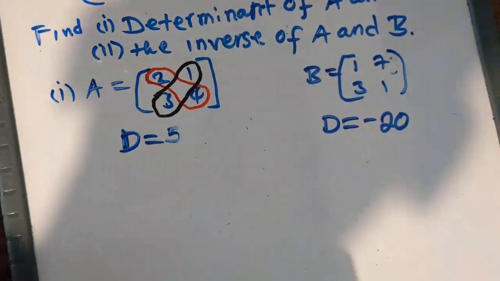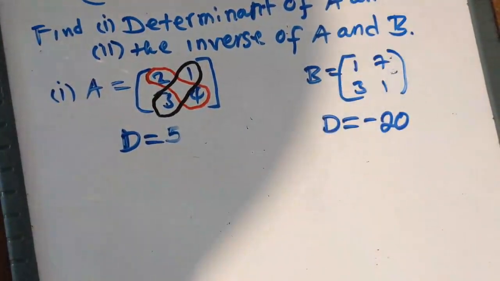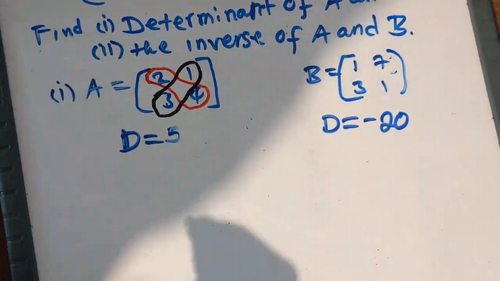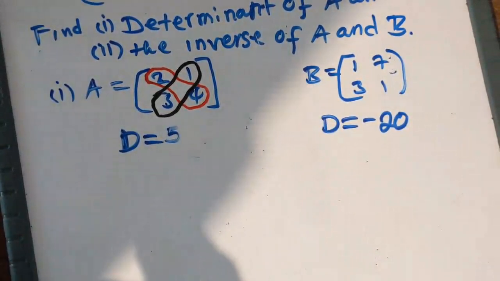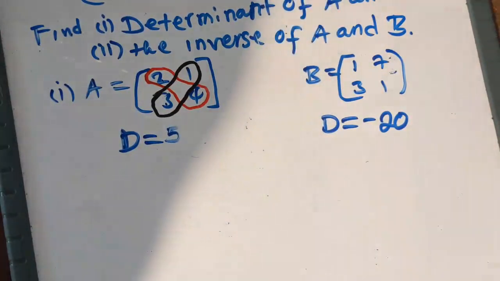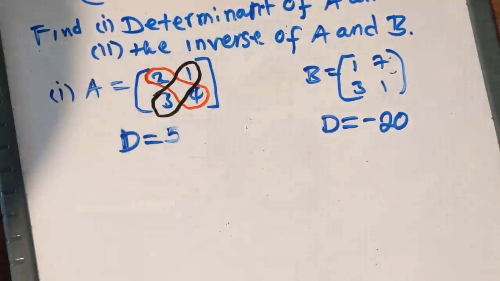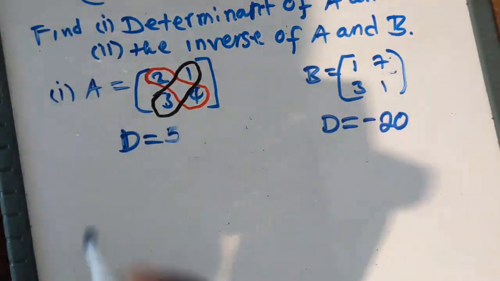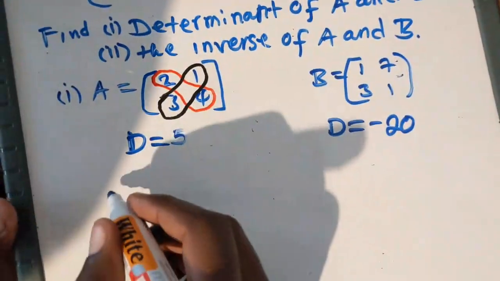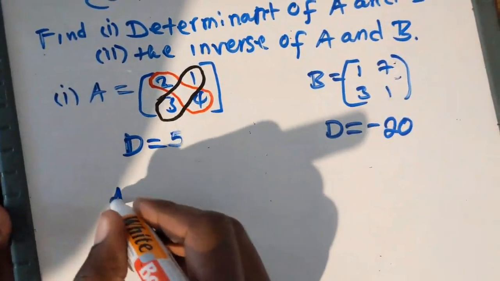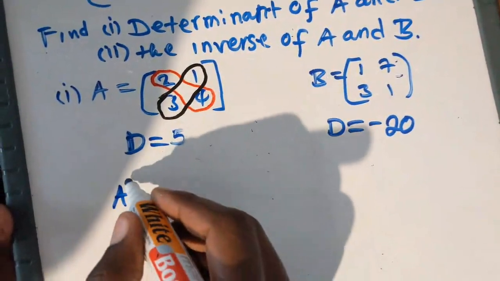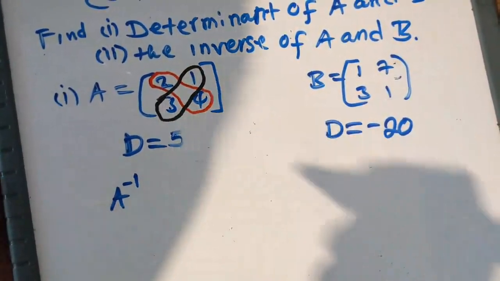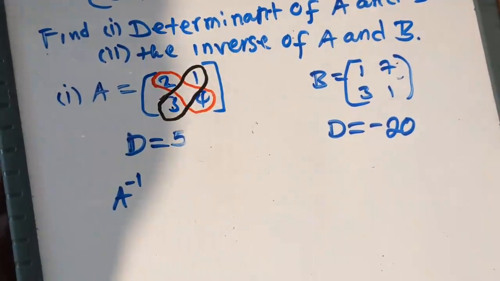Now, how do you find the inverse? For the inverse of a matrix, you first find the adjoint of the matrix. The formula: they will tell you find the inverse, or they will say A to the power negative 1.